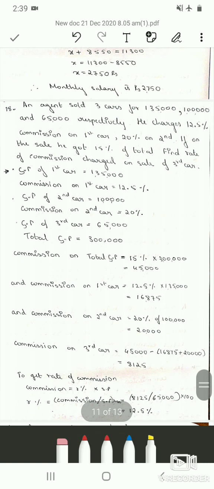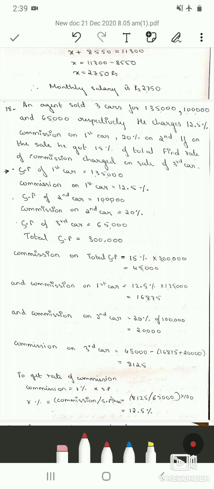So the 18th problem is, an agent sold 3 cars for rupees 1,35,000, 1 lakh and 65,000 respectively. He charges 12.5% commission on first car, 20% on second. If on the sale he got 15% of total, find the rate of commission charged on sale of third car. So let us note down what all they have given first.